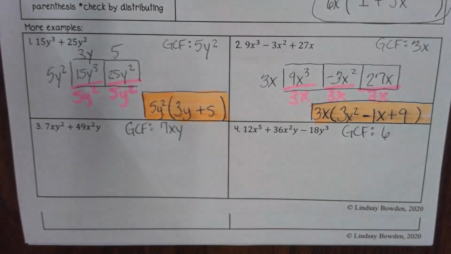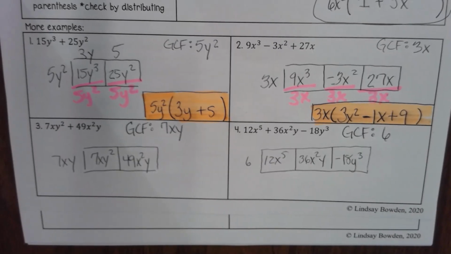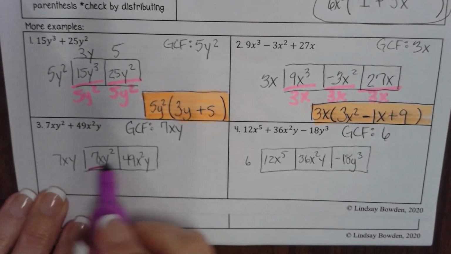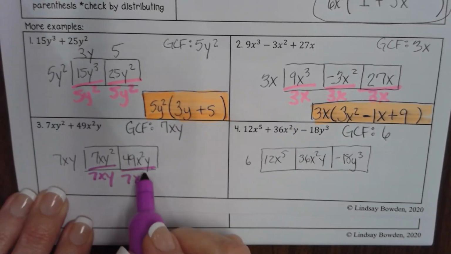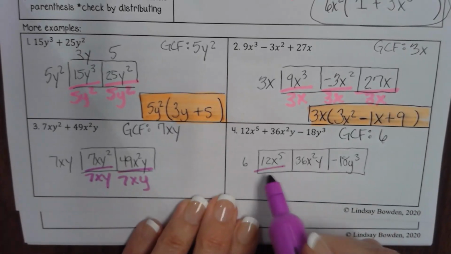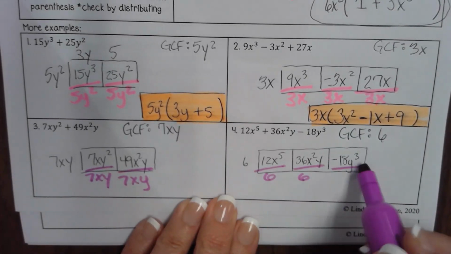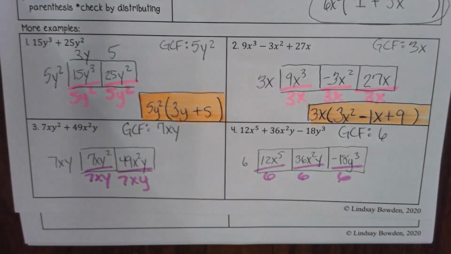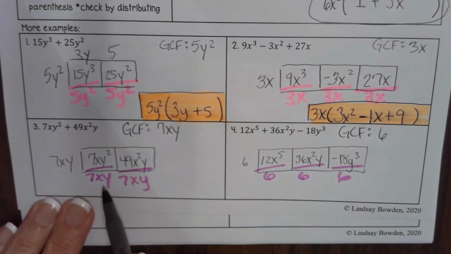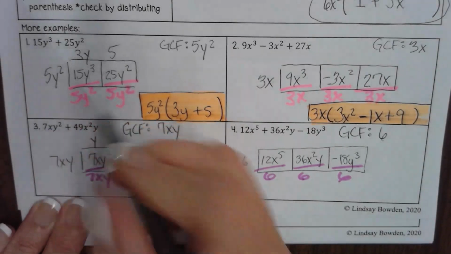Okay, so I'm going to stop here and let you guys give this a shot without me. All right, so I'm going to divide all the terms by my GCF. In both of them, I'm dividing by my GCF. When I divide here, I get a y. That's it.